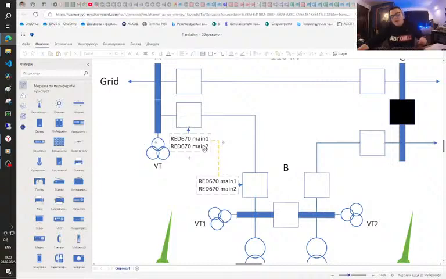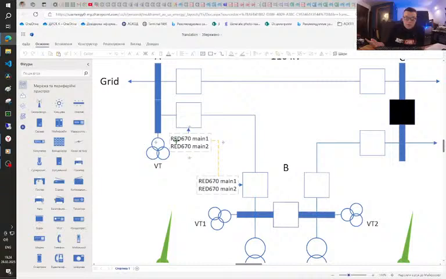RED has phase differential protection, ground overcurrent protection, and distance protection. Also we usually transmit commands through the communication channel, not like a direct transfer trip, but usually in this type of communication we transmit three commands.